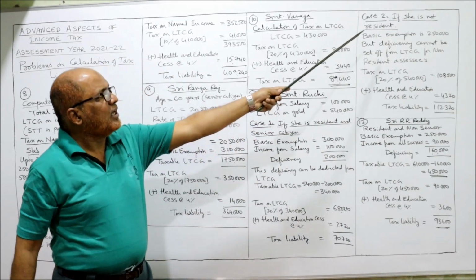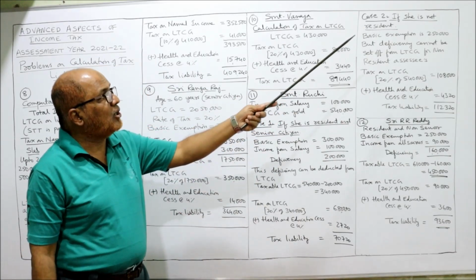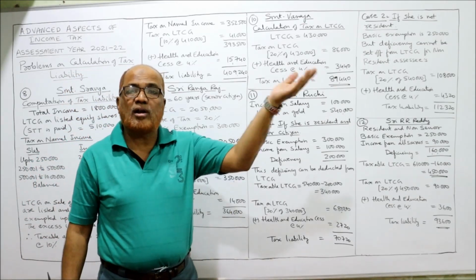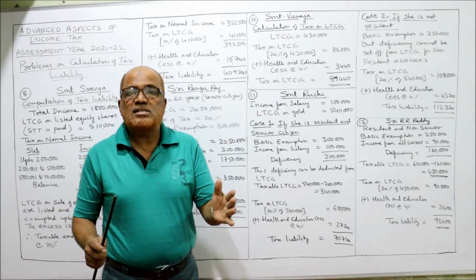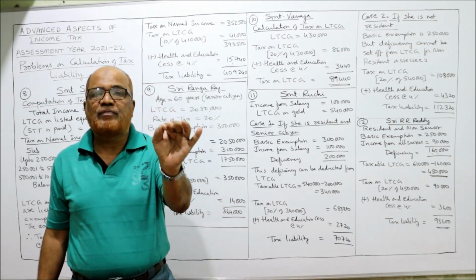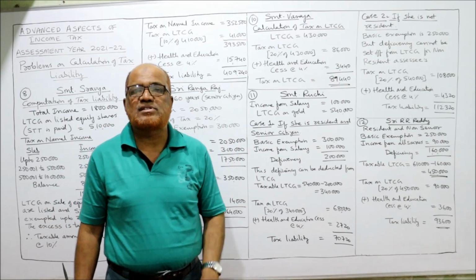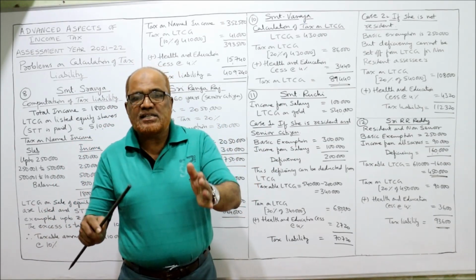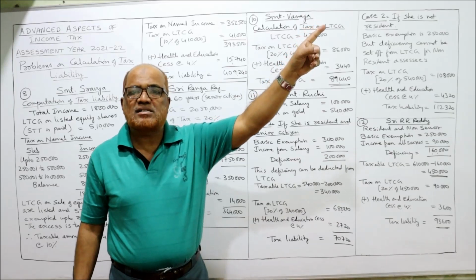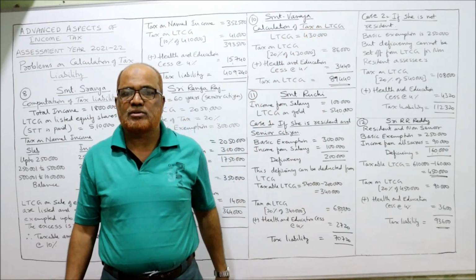Now situation 2, if she is not resident. If she is not resident means she is a non-resident. For non-resident assessees, the basic exemption limit is 2,50,000 for any category of assessee. Non-senior, senior, super senior, for anybody, non-resident assessees, basic exemption 2,50,000.